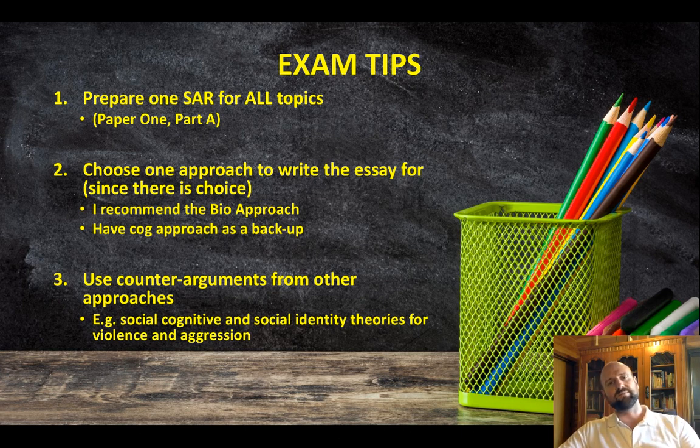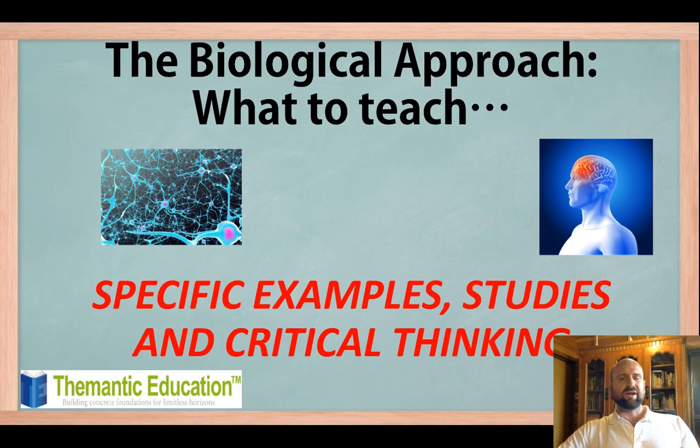That's good stuff to put in their counter arguments to show their critical thinking, in other words, to show the depth of their understanding of psychology: that it's not just one approach that can explain behavior, but we have to consider multiple.